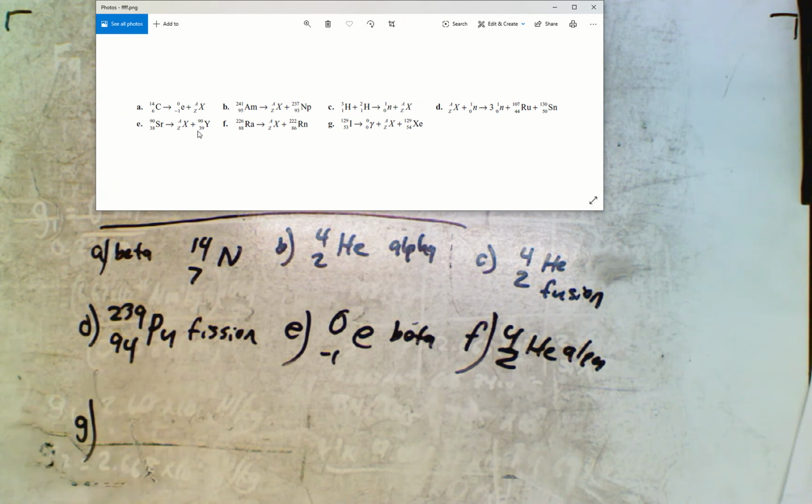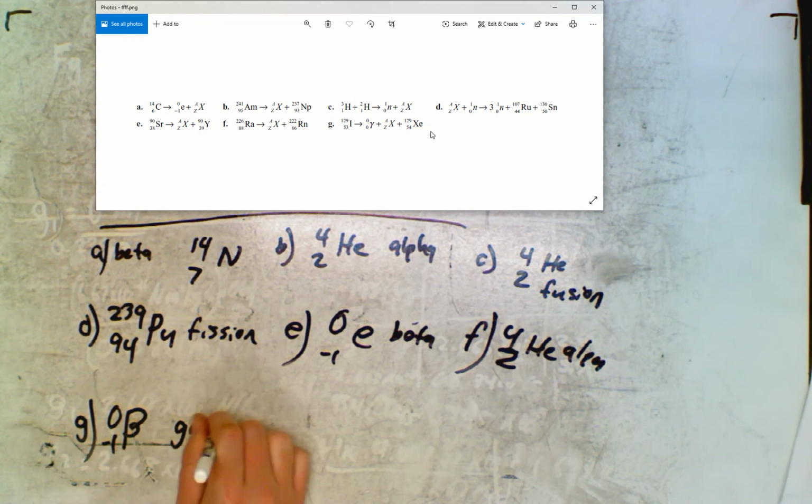And then G, to me, it's definitely gamma. And a beta as well, right? 53 is turning into 54, so it's going to make a beta, right? And then this is gamma and a beta decay. Okay, that's how you do that one.